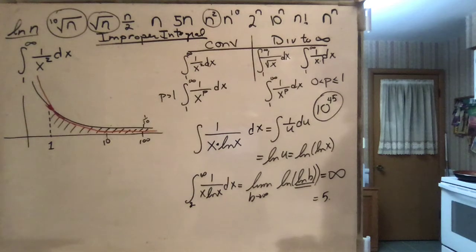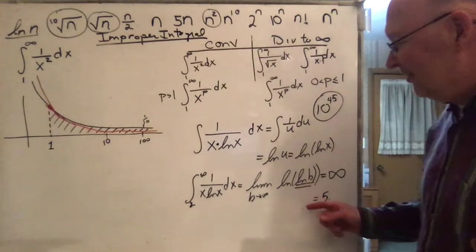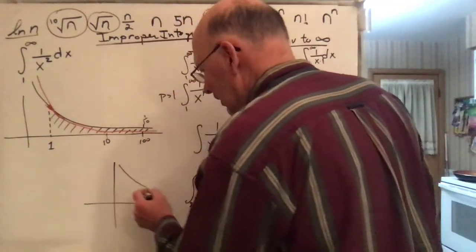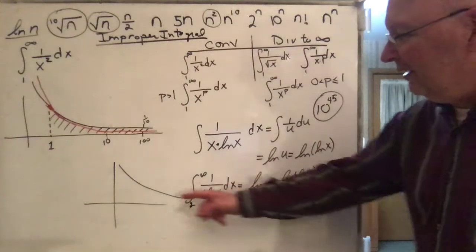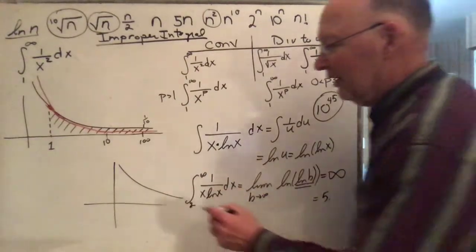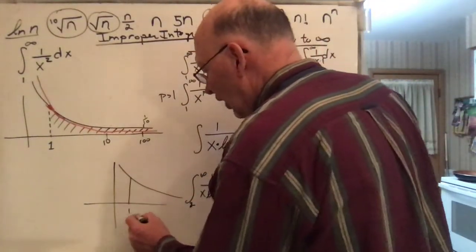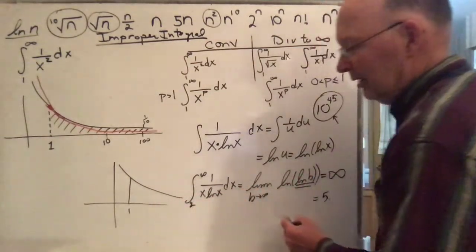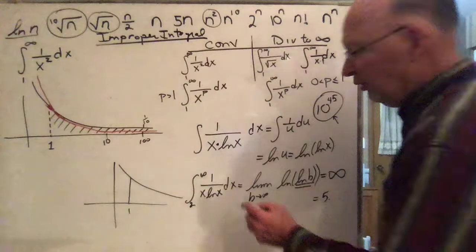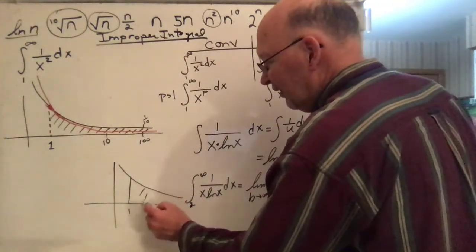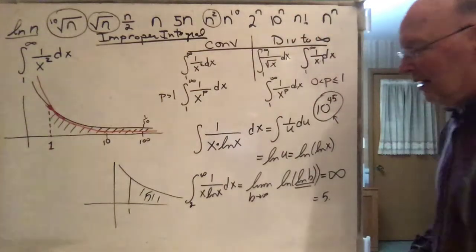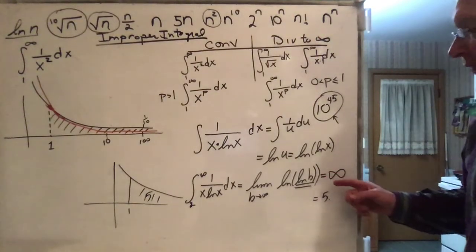Okay, it's just minuscule. So in other words, here's what's happening. Here's this graph right here, 1 over x ln of x. If you go from 1 all the way out to 10 to the 45th, the area underneath this thing has only gotten up to about 5.